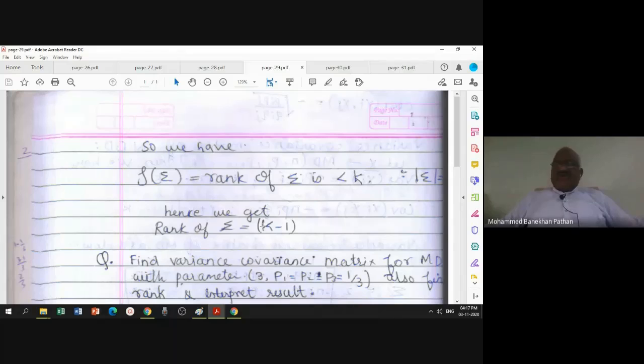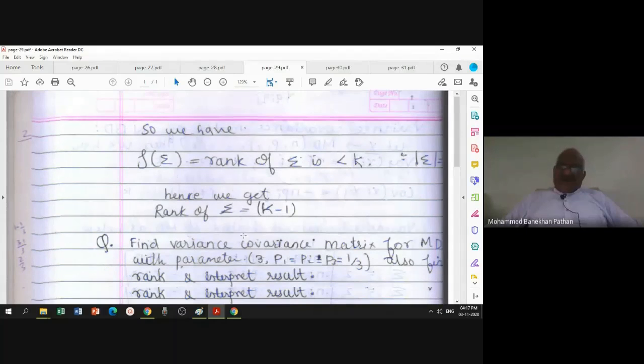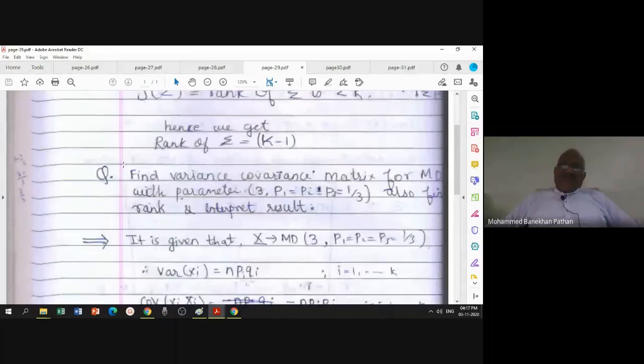So in the true sense, even though you are studying k variables, k minus 1 are independent and 1 depends on the k minus 1. And that is why you get the rank of the variance-covariance matrix as k minus 1.